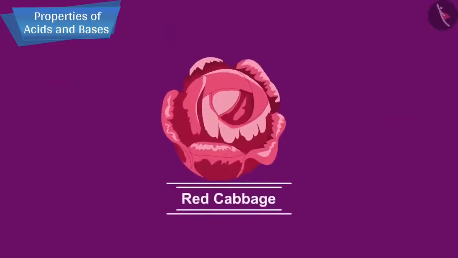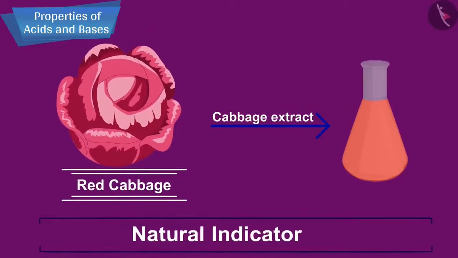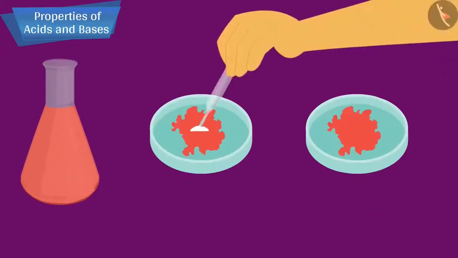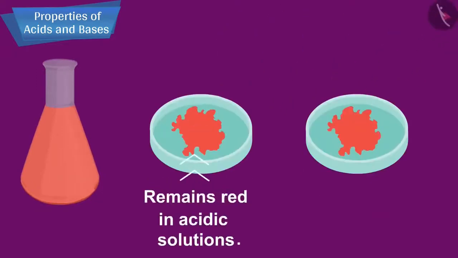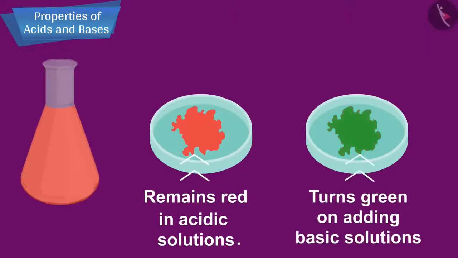The red cabbage extract obtained from red cabbage leaves is also a natural indicator, and it is red in color. It remains red in acidic solutions and turns green on adding basic solutions.